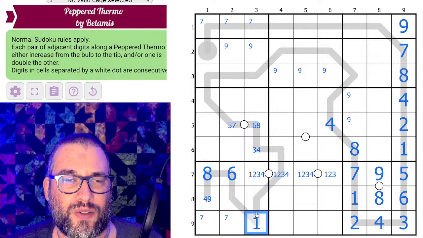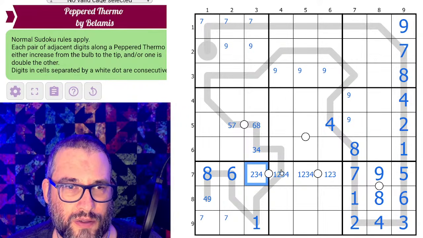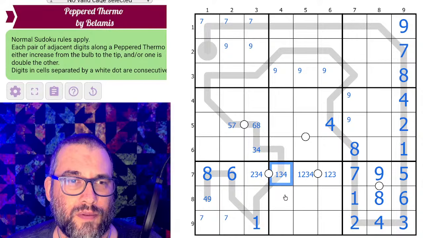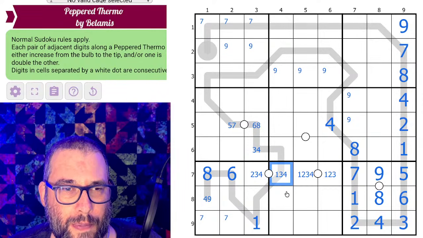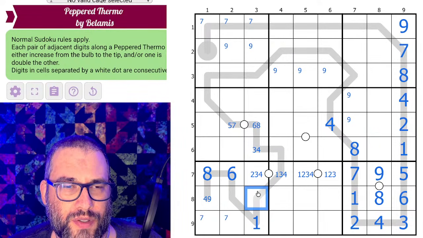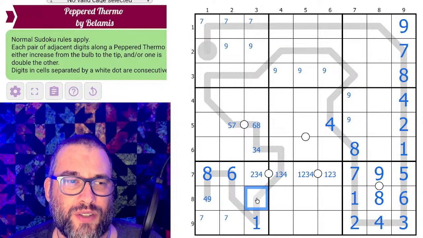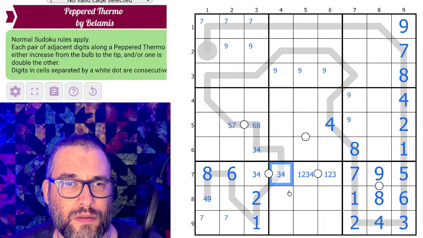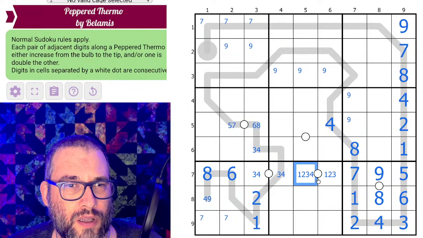So this just is a 1. So that's not a 1. That's not a 2. So this has to be a 2 here. So that's not a 2. That's not a 1. So this is a 1-2 pair.